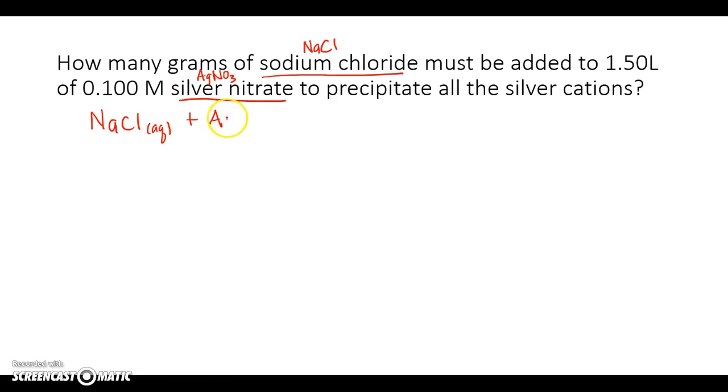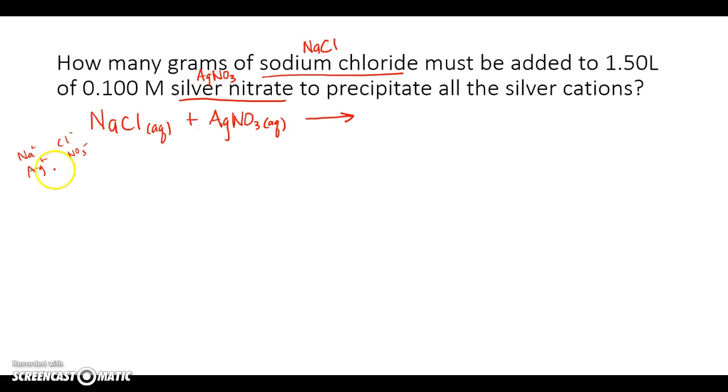combines with silver nitrate, and thanks to my solubility chart, nitrates are also always aqueous, and I need to find the new combination of how these would rearrange themselves. So let me just draw it out for myself because it definitely makes it easier for me.